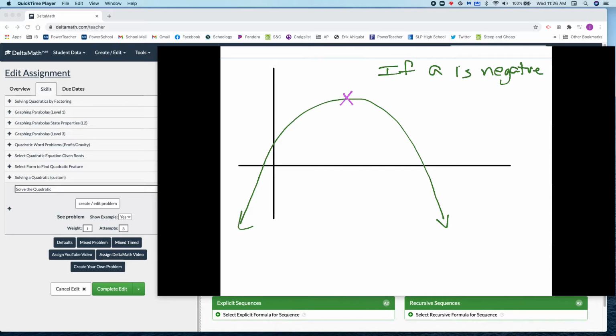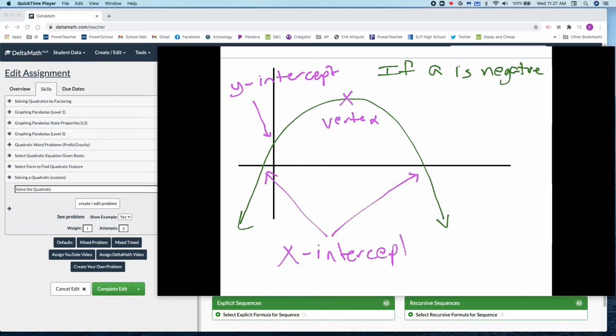Notice this is still the vertex. This value right here is still the y-intercept. And these values right here are still the x-intercepts. So those don't change.